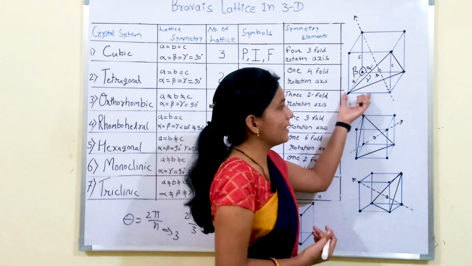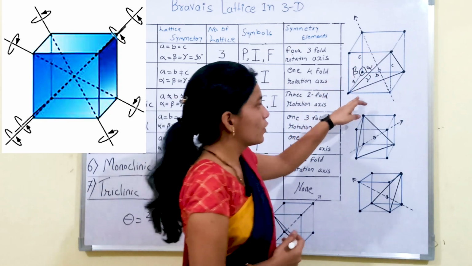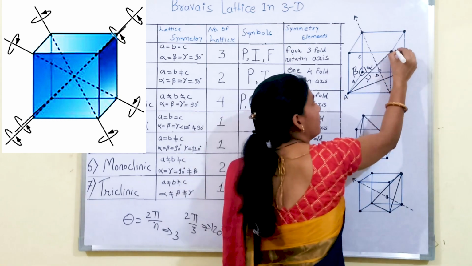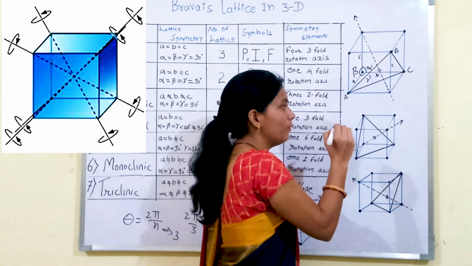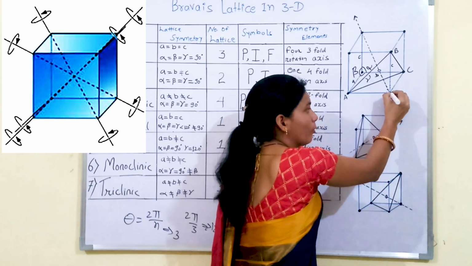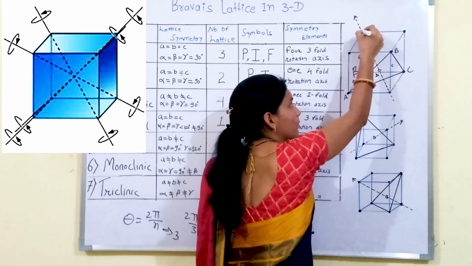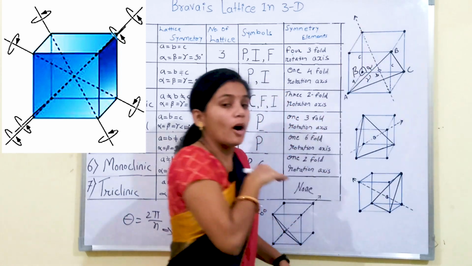Okay, we will see in 3D. Here we can see this cube in 3D, and also we can see here angle A, B and C. From this cube we have one lattice point at the bottom of the bottom face, and one diagonal lattice point at the top of the cube.